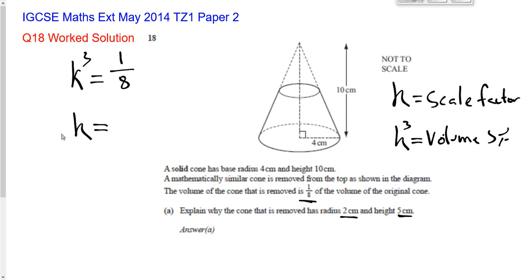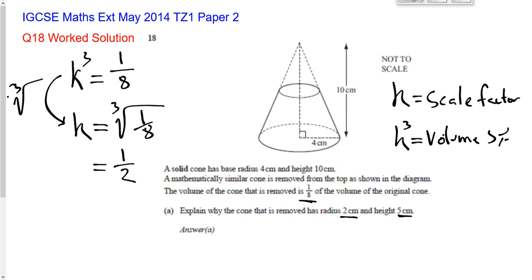I'm going to take the cube root. So I do the same thing to my volume scale factor: I take the cube root of 1/8, and you'll find that is equal to 1/2.